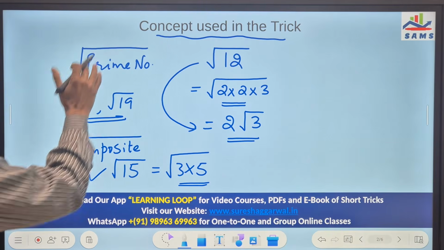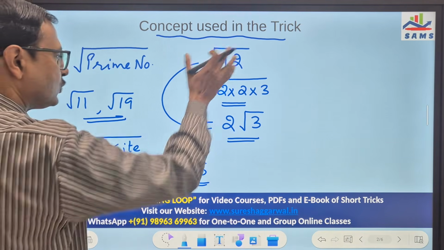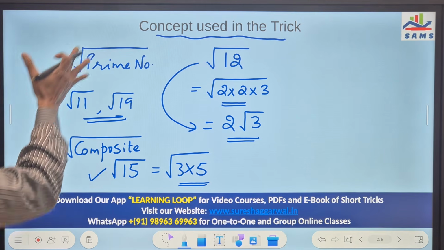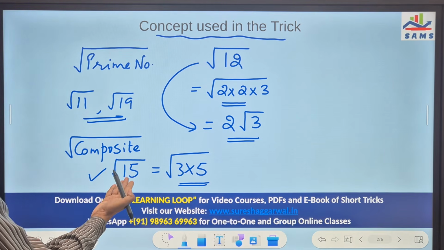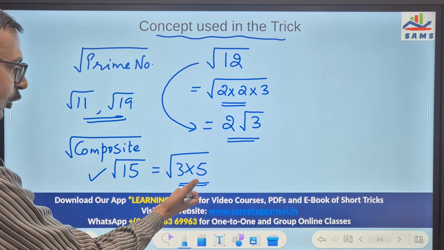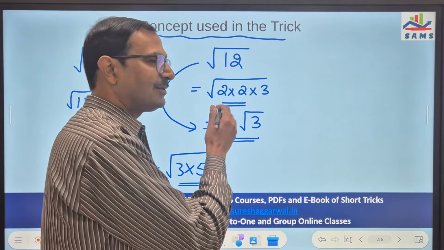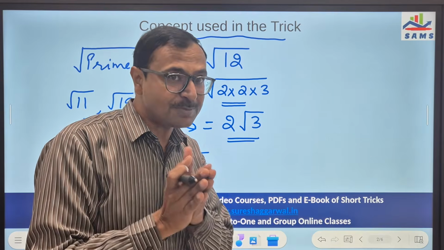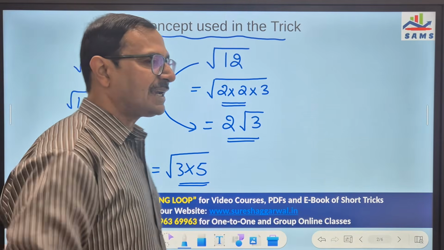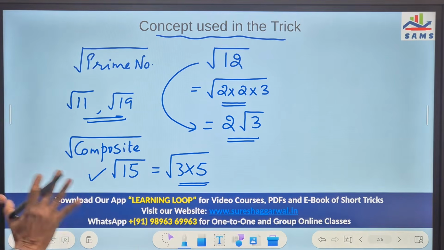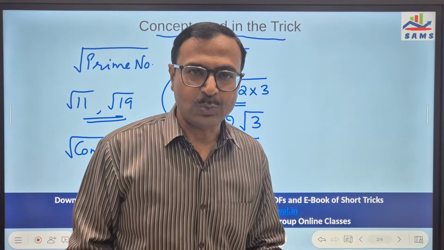See, there is a difference between root 11, root 15 and root 12. All three have to be dealt with in a different manner. Root 11 left intact, root 15 check the factors, but if nothing forms a pair, leave it intact, and then root 12 check the factors. If something forms a pair, bring it out of the radical sign and simplify it.